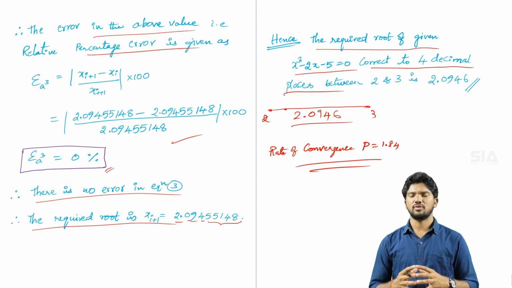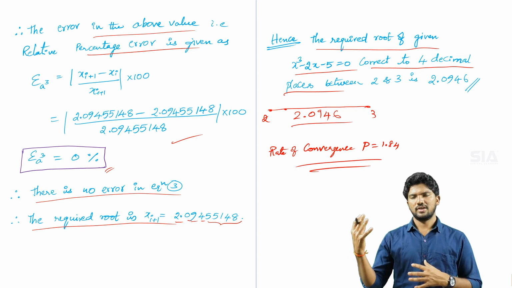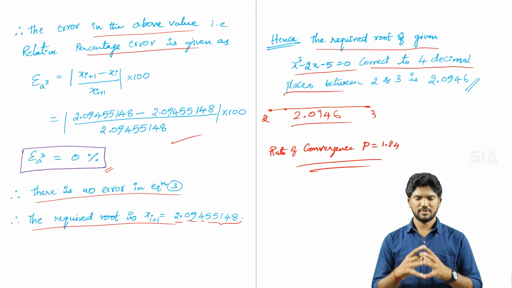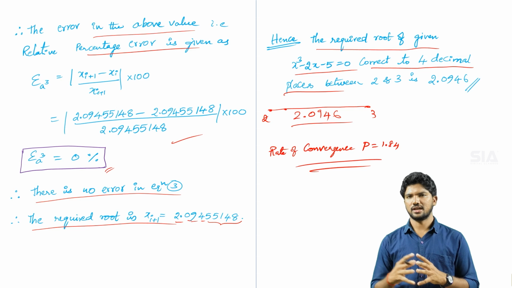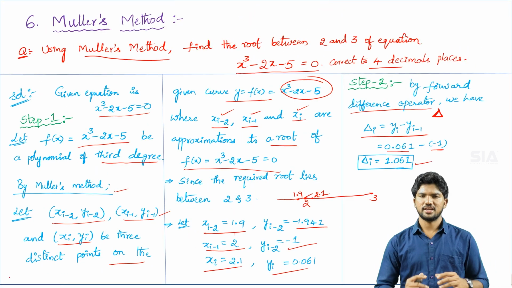Like that, for Muller's method the rate of convergence is 1.84. Next, there is another method, the Chebyshev method. That does not exist in your syllabus, but the Chebyshev method has cubic convergence, or convergence of order 3. So this is about the total Muller's method.